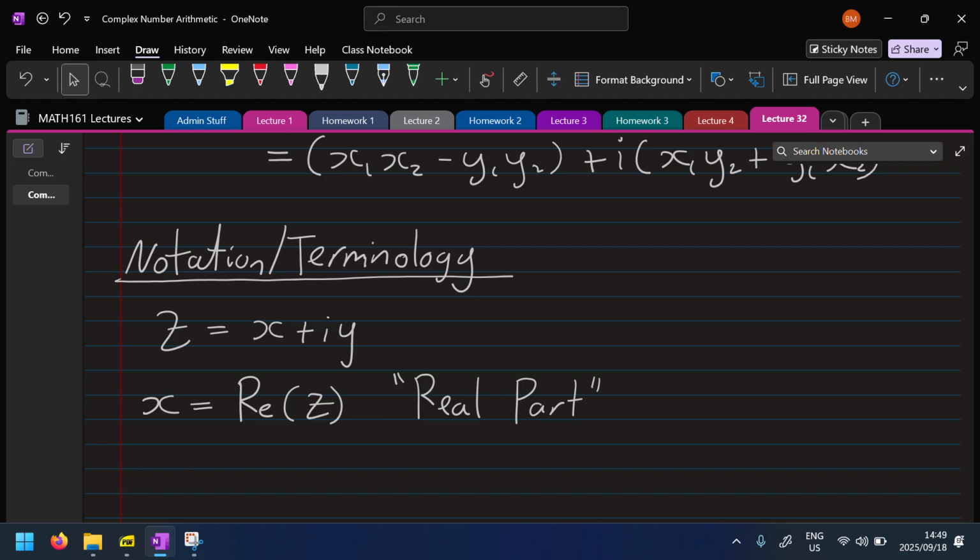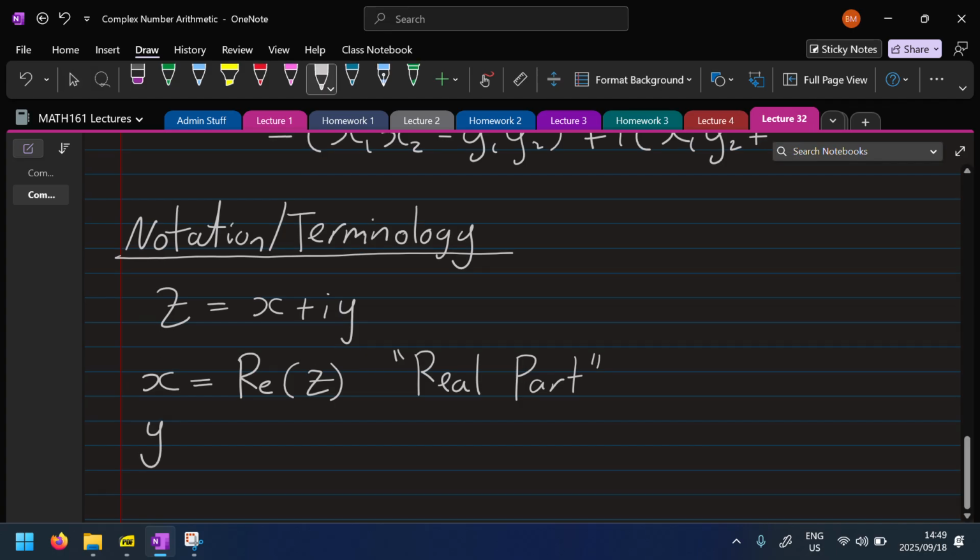Then the y, not i times y. Please put a big note there: the y on its own, not with the i. This is equal to Im of z, Im for imaginary part.